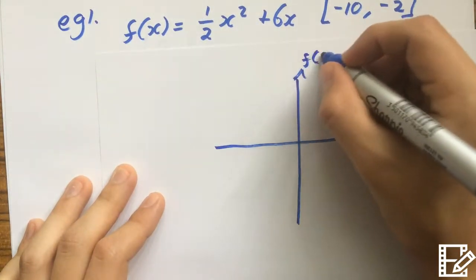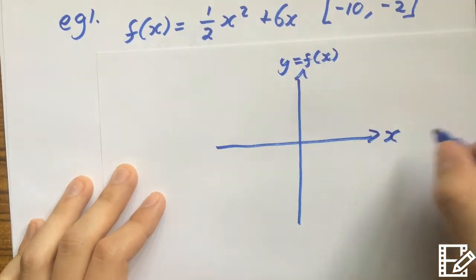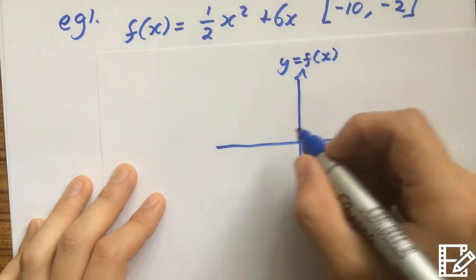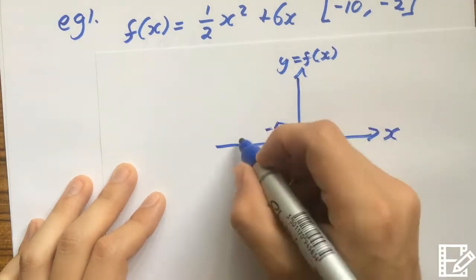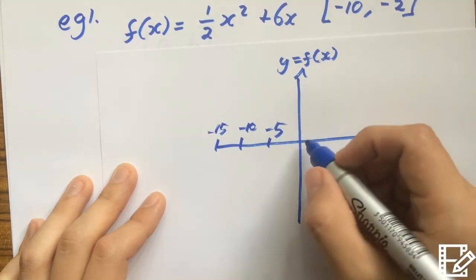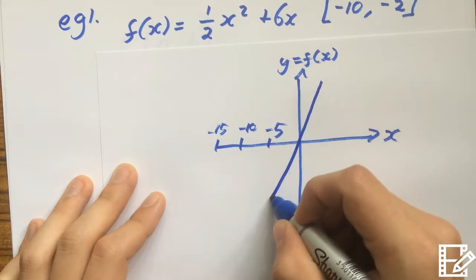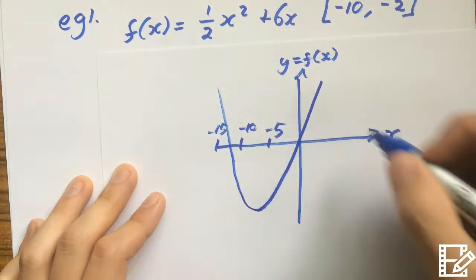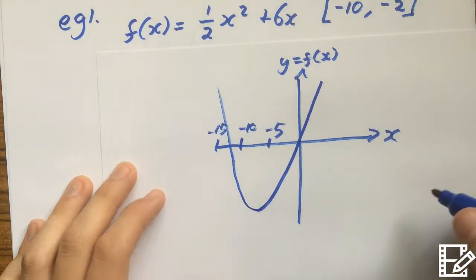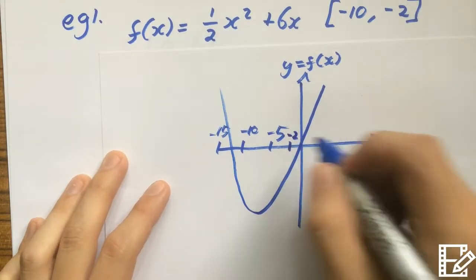This is our f of x, which is essentially y equals f of x, and x is about -5, -10, -15, and we have a function coming in, going like that. The point we've got is -2, which is about here, and -10.